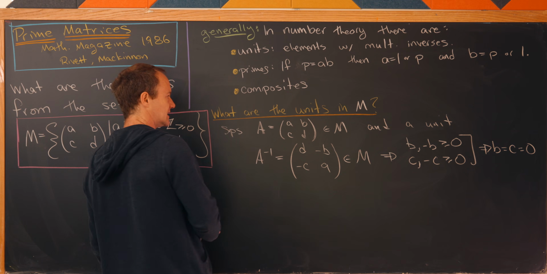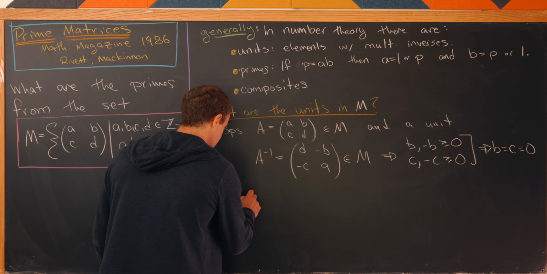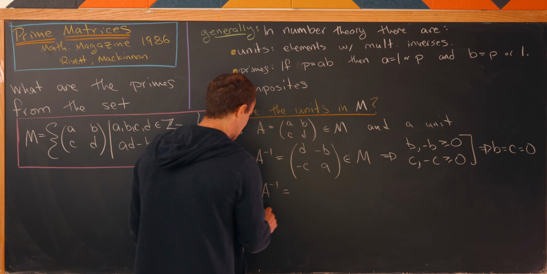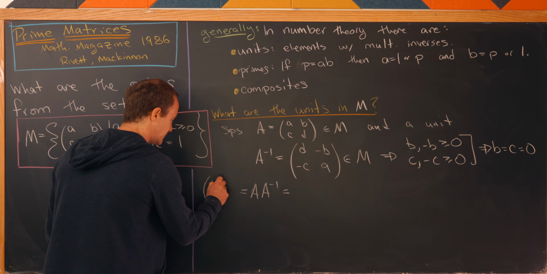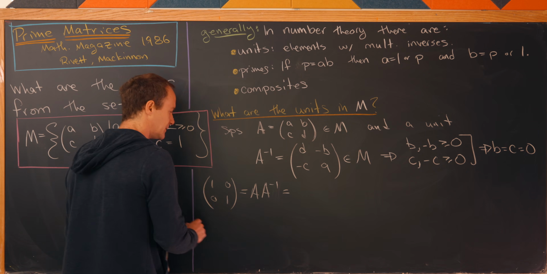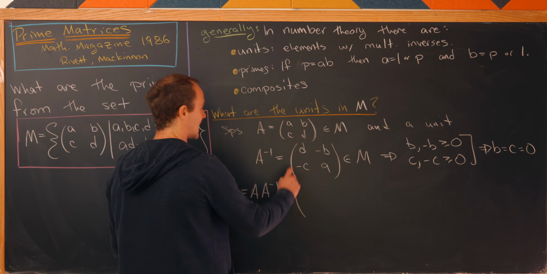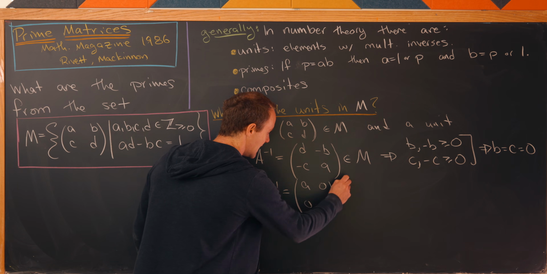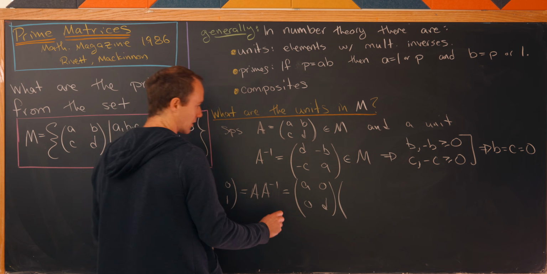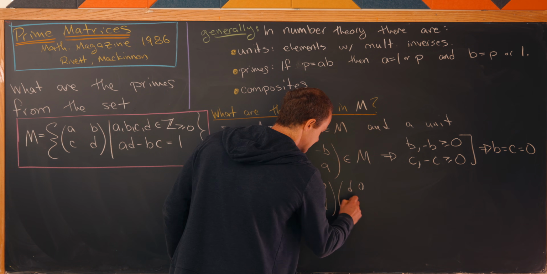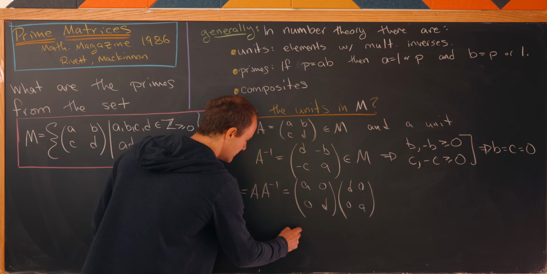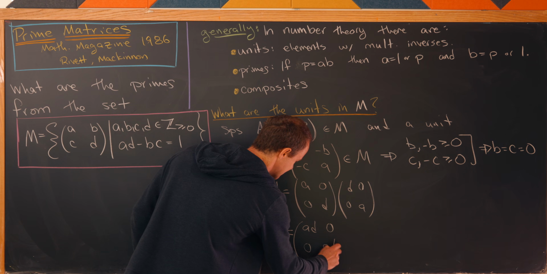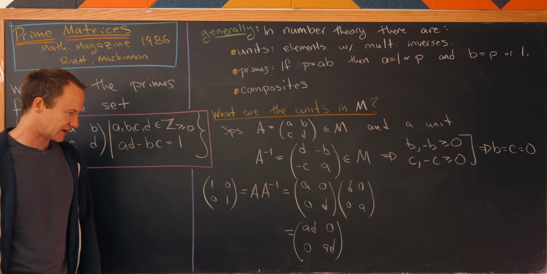Okay, so now let's take this product. So we know A times A inverse must be equal to the identity matrix. So let's put the identity matrix over here. But then by what we've just calculated, we know that A has the form A, 0, 0, D, and thus A inverse has the form D, 0, 0, A. But now taking that product, we get the diagonal matrix, which is built with just AD on the diagonal.